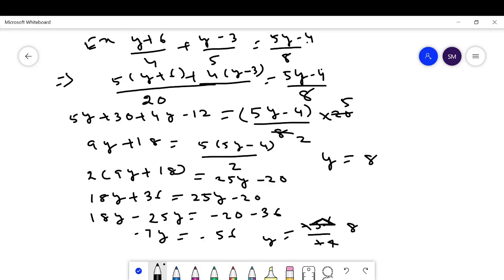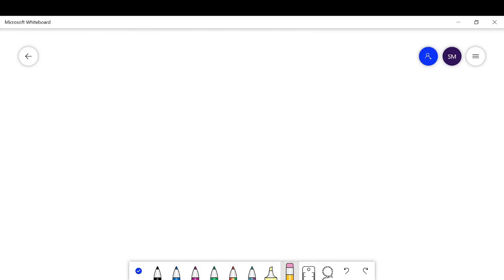I have already told you, practice variety of questions. Here another question. 3x plus 5 upon 2x plus 1 is equal to 1 upon 3.